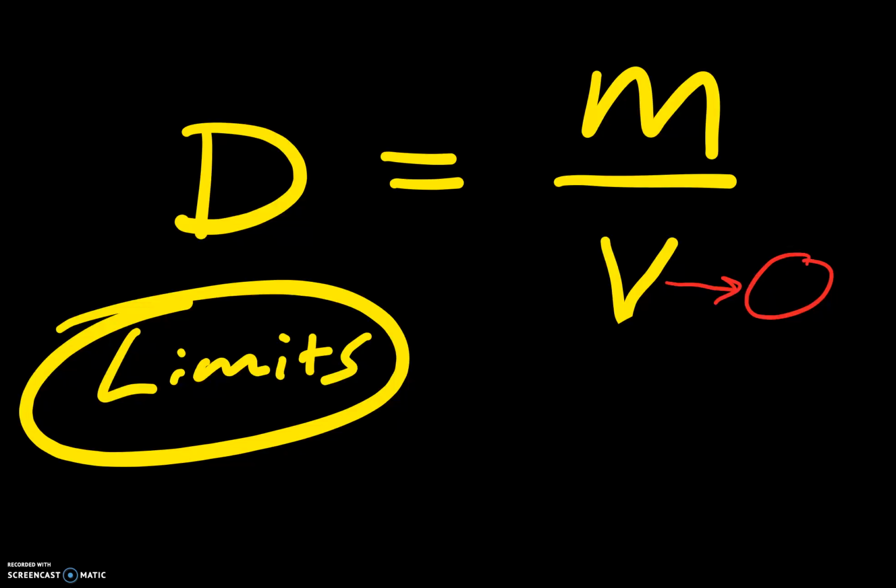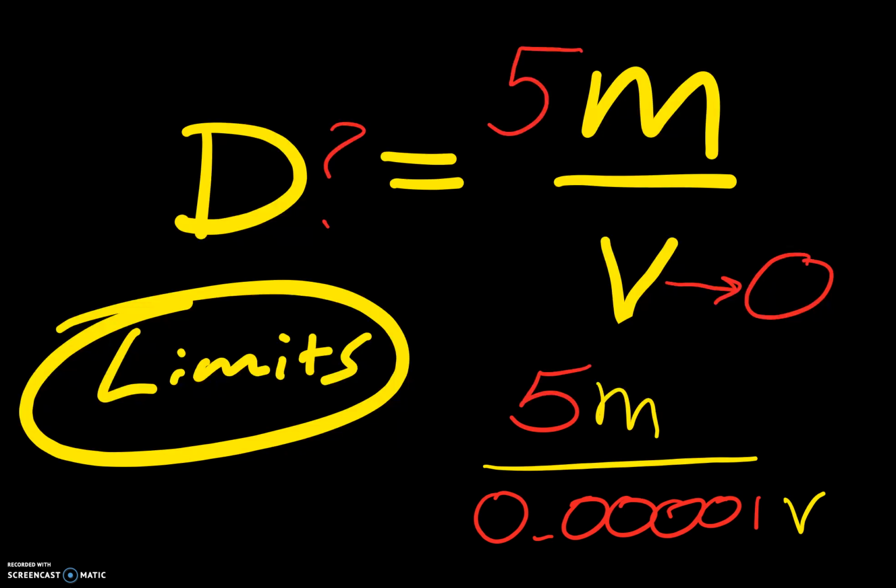And we're not worried about mass. What we want to know is, as volume is approaching 0, what's happening to our density? So to better visualize this, at the bottom here, I just wrote that your mass is 5 whatever, and then your volume is a very small decimal, and as that decimal approaches 0, you're going to have more zeros in front of that 1.